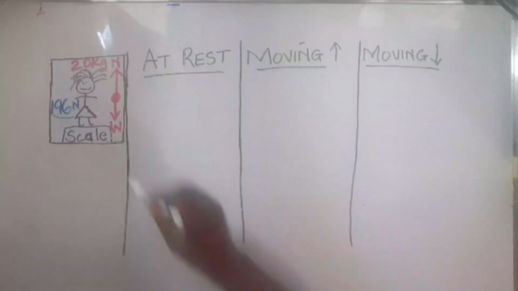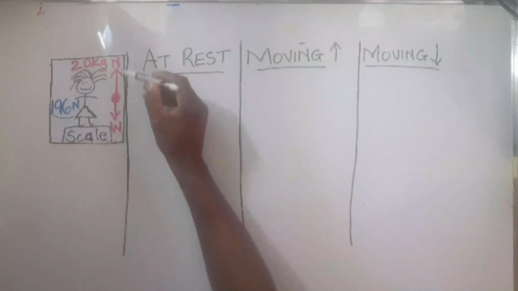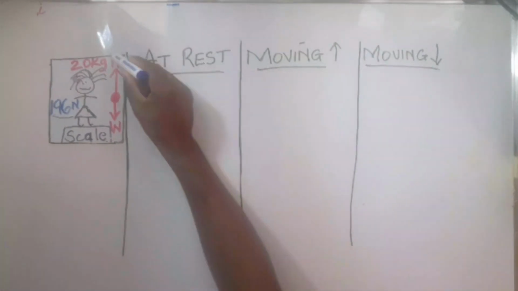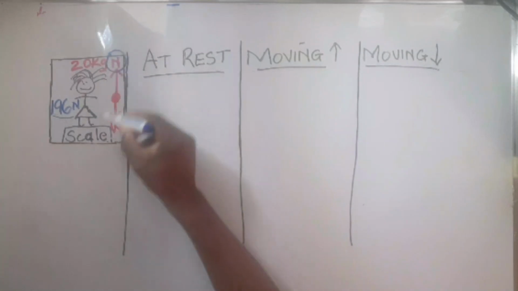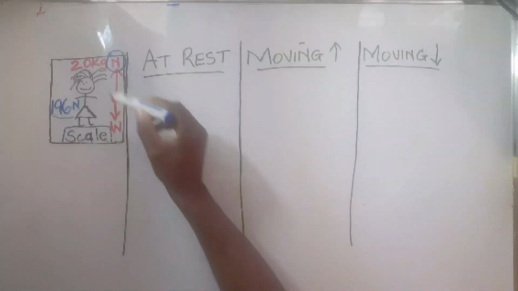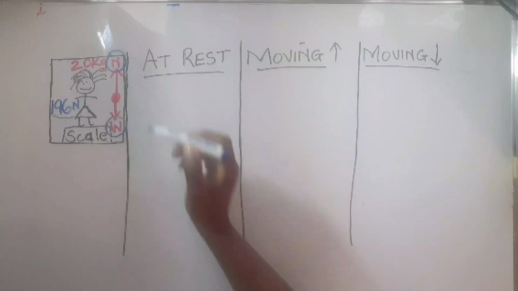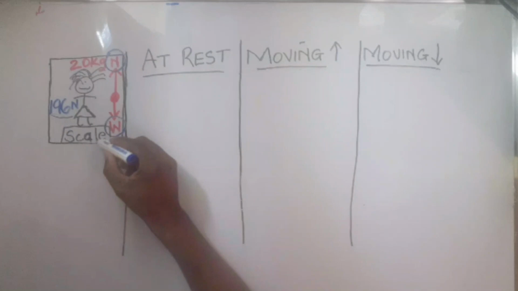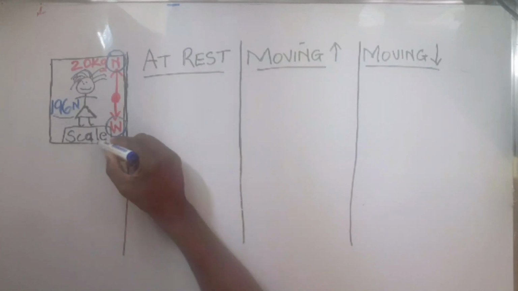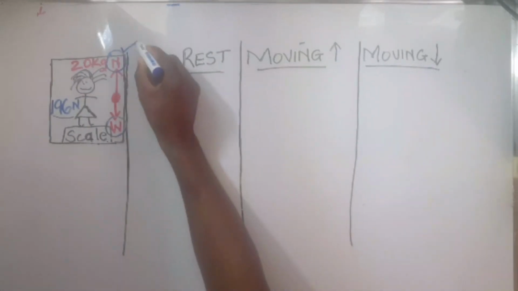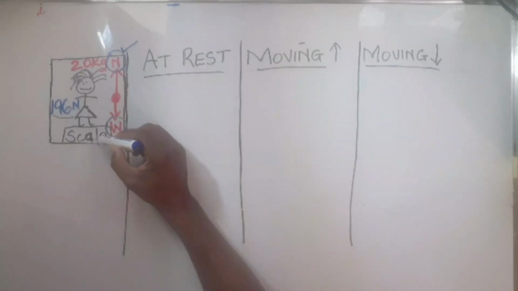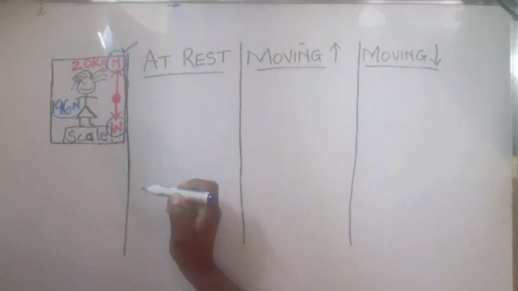So there are two forces acting on this girl. There is a normal force, which is the force that the scale exerts on the girl. There is also a weight, which is the weight of the girl. So the reading on the scale will always be determined by the value of the normal force, because the scale will only have a reading when the girl is in contact with the scale.